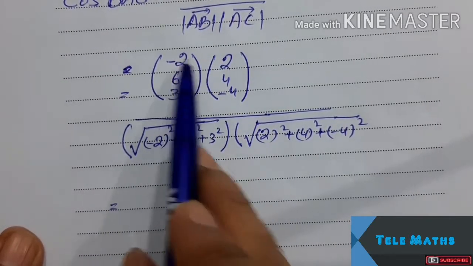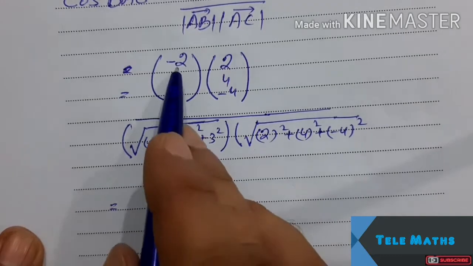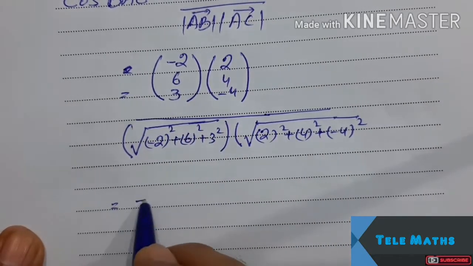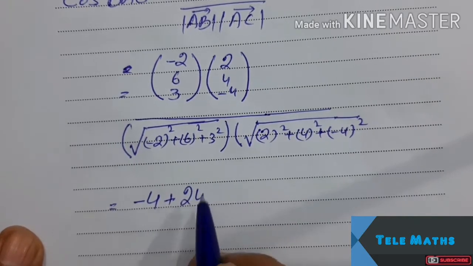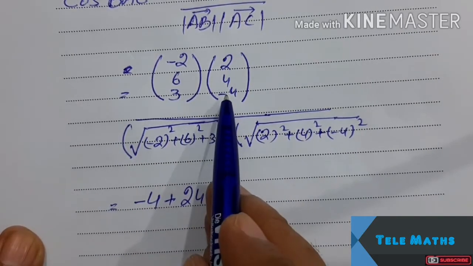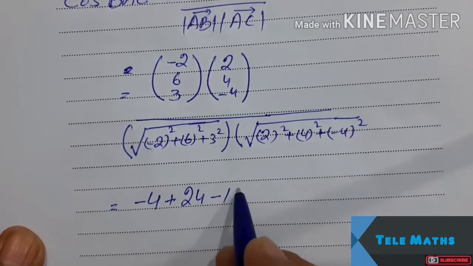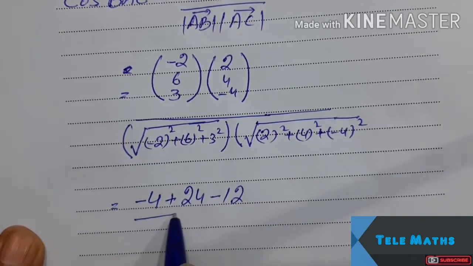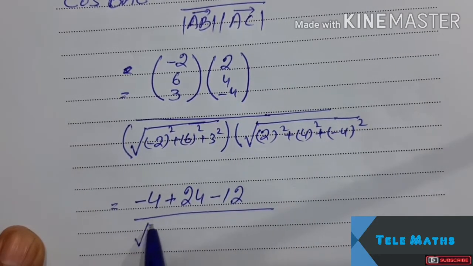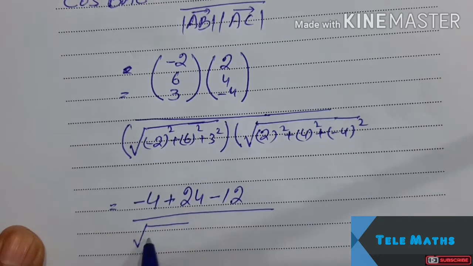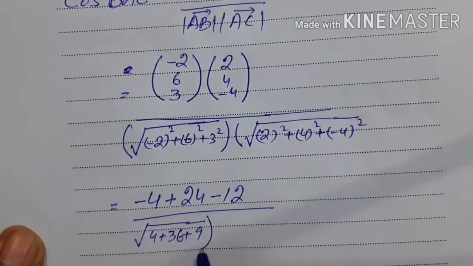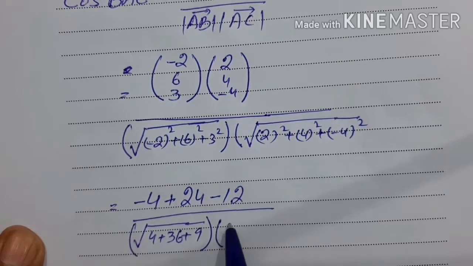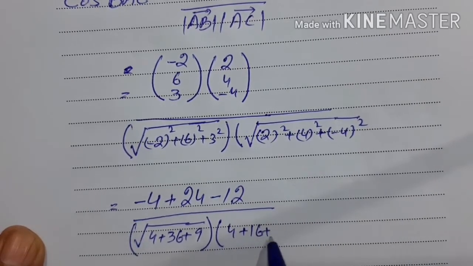So what will be the product of this? This will be minus 2 multiplied by 2 is minus 4, 6 multiplied by 4 is 24, 3 multiplied by minus 4 is minus 12, over the square root of 4 plus 36 plus 9, times the square root of 4 plus 16 plus 16.